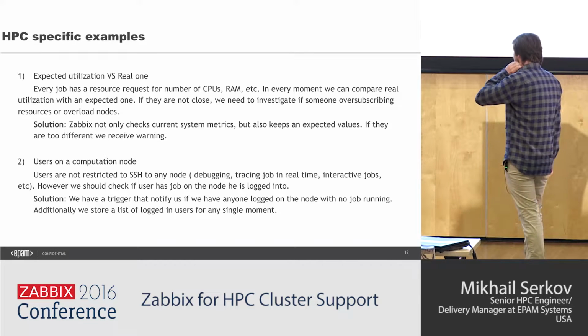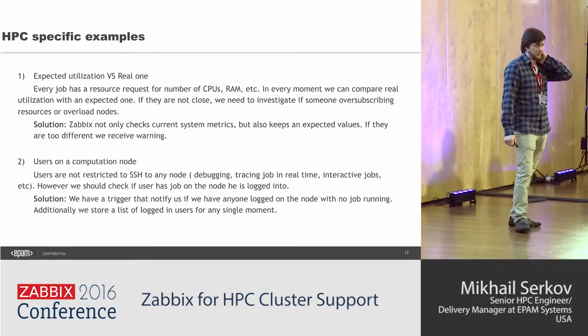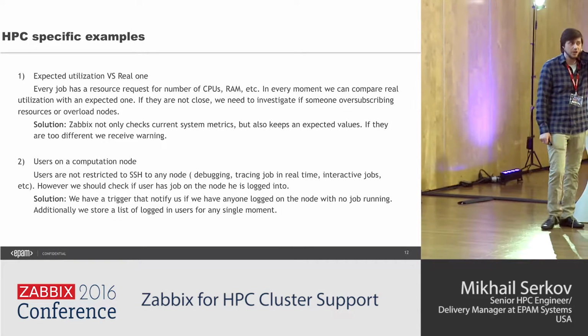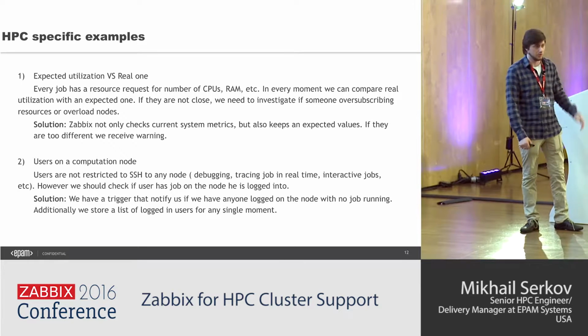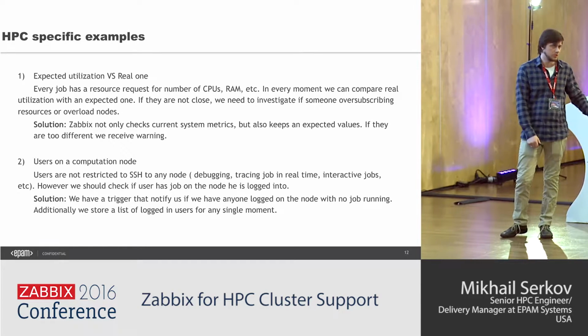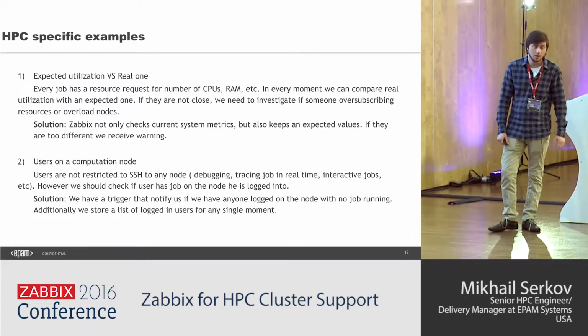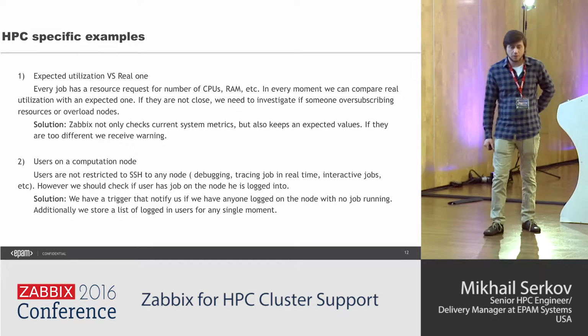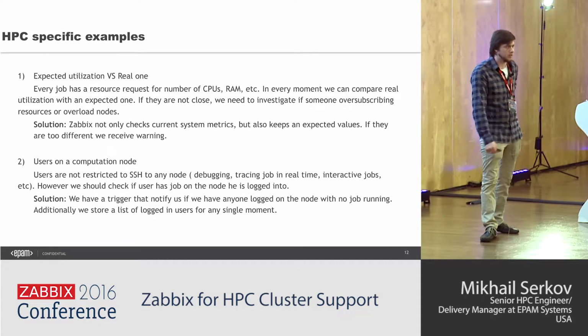Users on computation nodes are a kind of part of spy games. We allow users to log in directly to nodes to debug their jobs or review some intermediate data. But sometimes new guys or sneaky guys just go to the node.